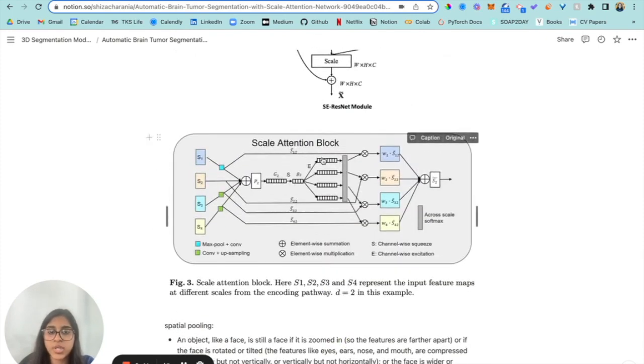So after you go here, you have more squeeze and excitation modules as well for each scale. And then you're going through a softmax scale layer, and then you're going through a fully connected layer when you're element-wise multiplying it by the weights and then the values that you have. And then you're doing the element-wise summation to get the end.